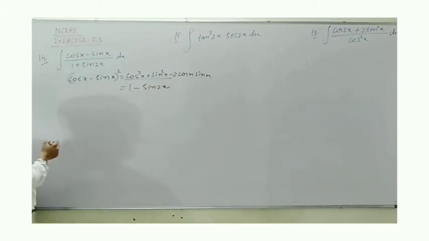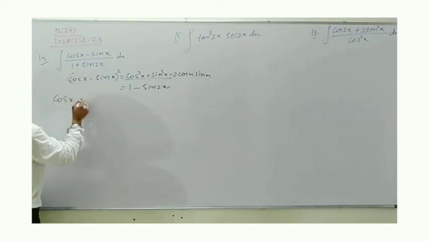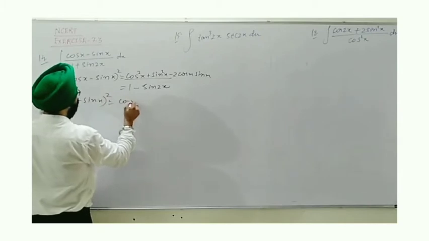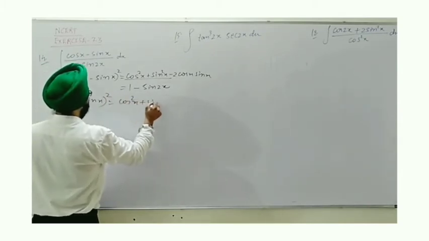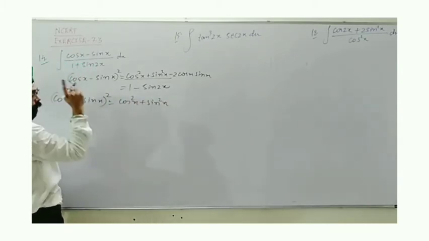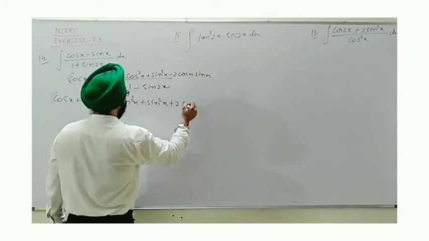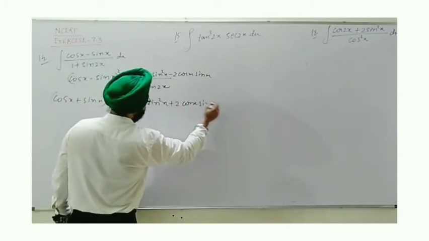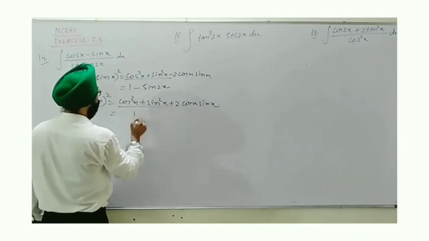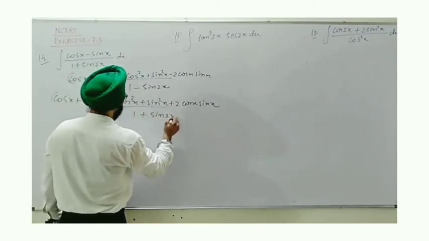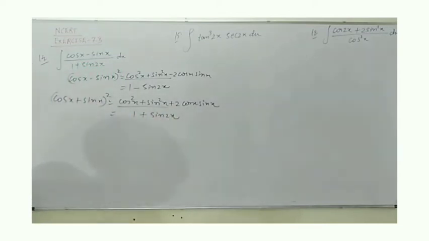Similarly, if you take the square of (cos x plus sin x) whole square, we get cos square x plus sin square x, applying a plus b whole square, then plus 2 cos x sin x. This becomes again 1 plus sin 2x. Now you can see the relation.